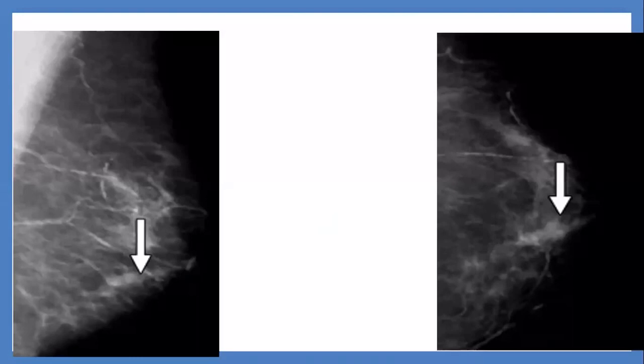In this mammogram, as Nadina mentioned, there is a tubular density in the lower breast going towards the nipple. It looks like a solitary dilated duct. You need a complementary ultrasound.